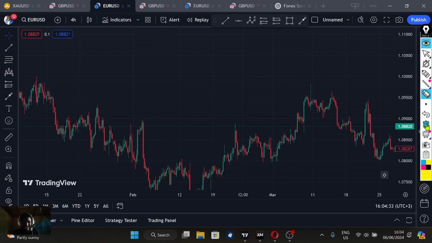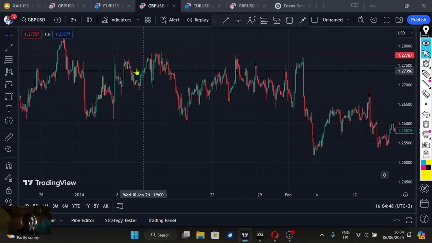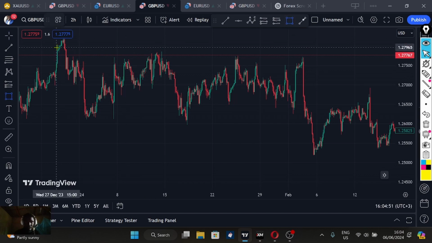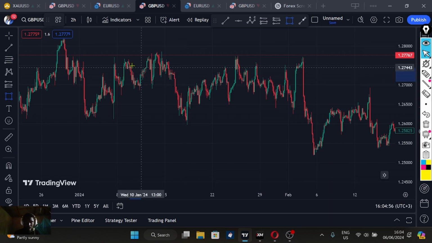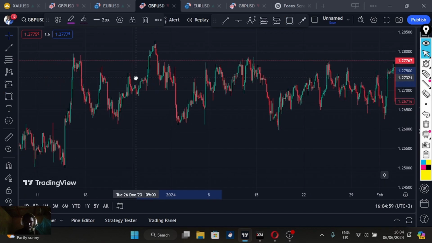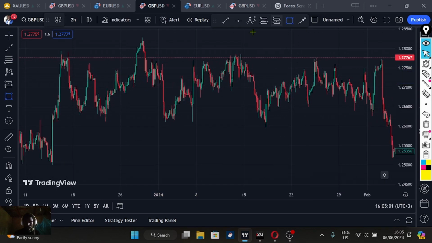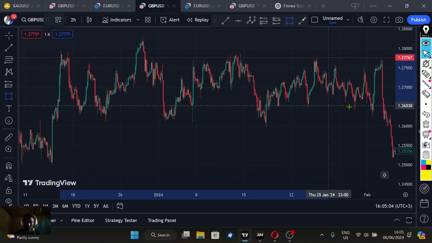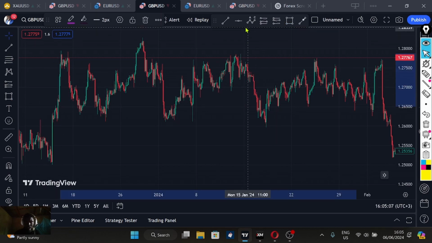The next market structure that we shall be looking at, and I'll do this faster so that I won't take much of your time, is the sideways market or the range market, like here. Here, this is the range market.